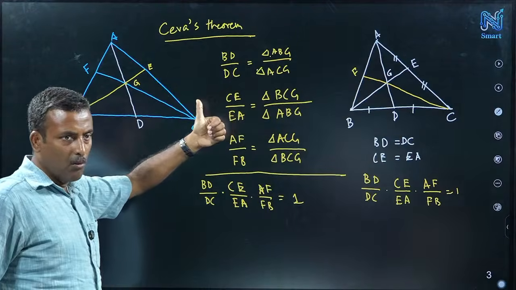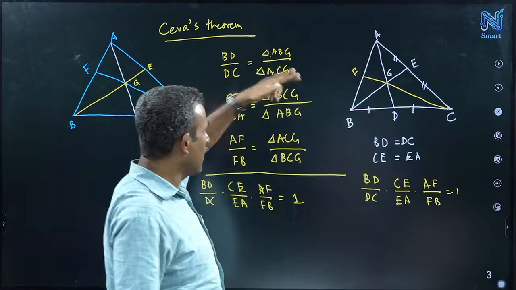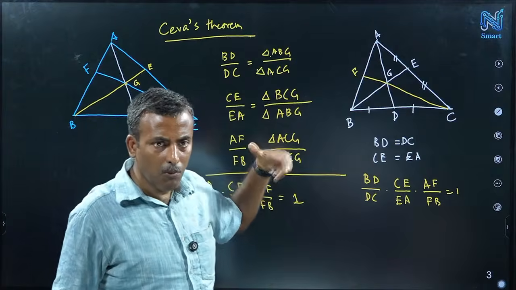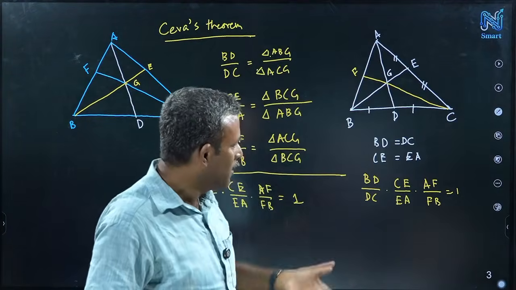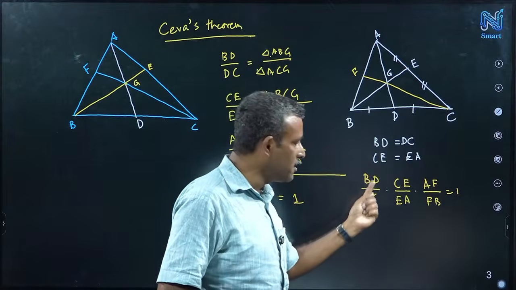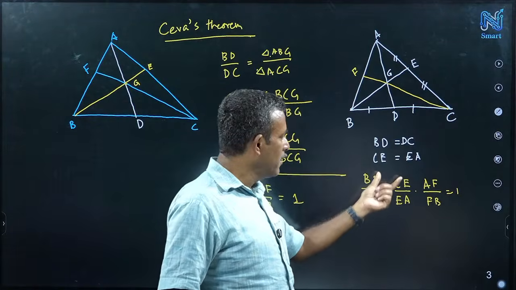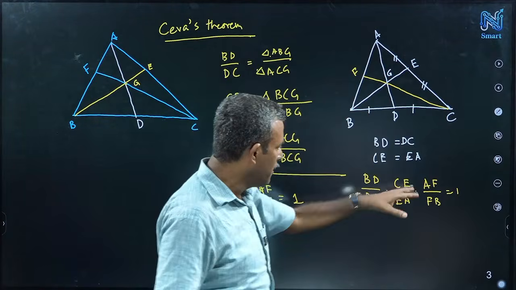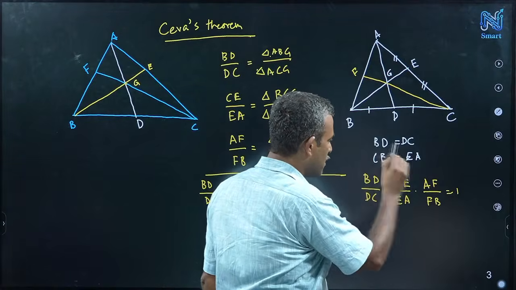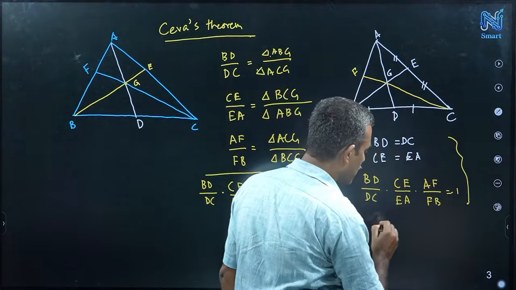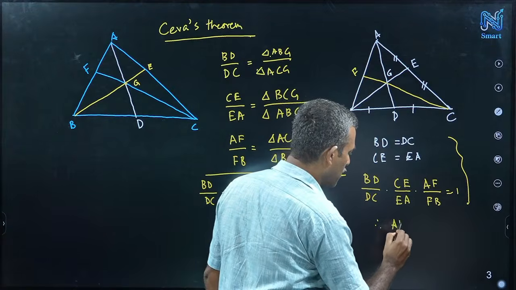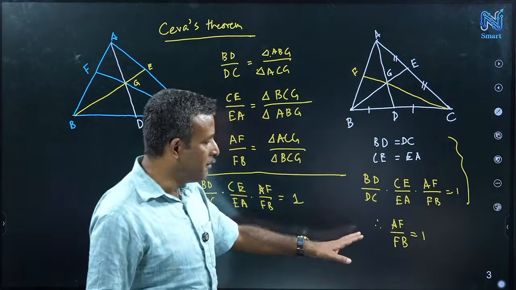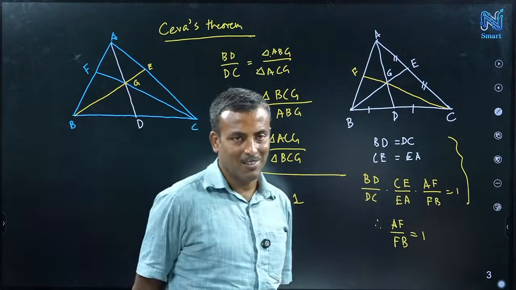We already proved that if the lines AD, BE and CF are concurrent, then the three-ratio product is 1. So AF by FB is 1. That means AF equals FB, that means F is also the midpoint.